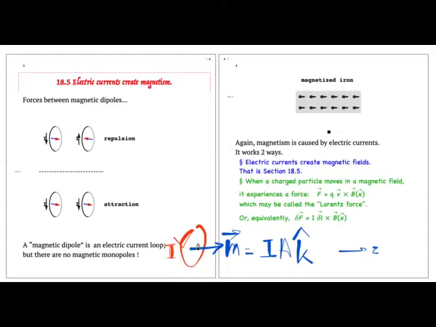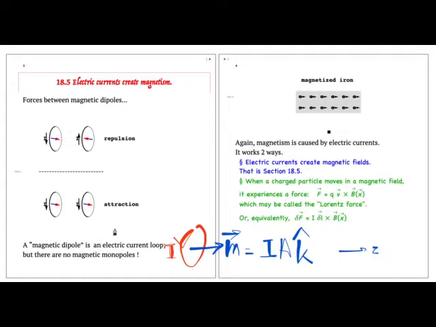Well, that creates a magnetic field, a dipole field. By the right-hand rule, the magnetic field is in the direction of M at the center of the loop. So there's a magnetic field created by the dipole where, let's say, red is the North Pole. The magnetic field comes out of the North Pole.